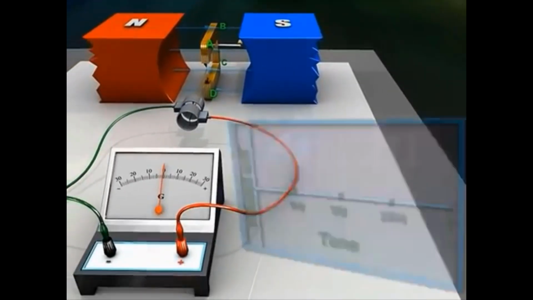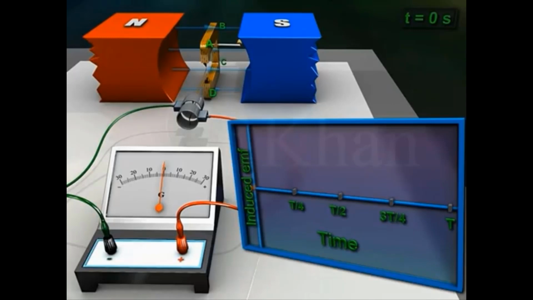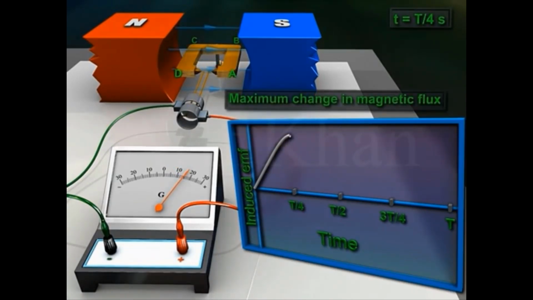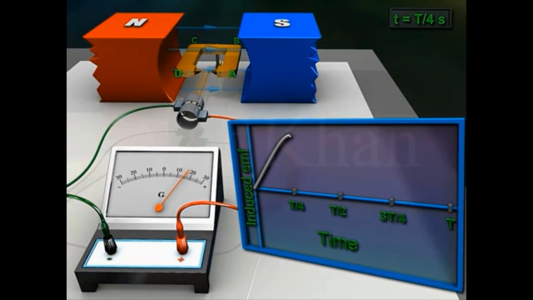Hence, the induced EMF at this position is zero. During the first quarter rotation, the induced EMF increases. Then, at time t upon 4 seconds, the armature becomes horizontal. At this position, the rate of change of magnetic flux momentarily attains the maximum value. Therefore, the induced EMF at this position is maximum.